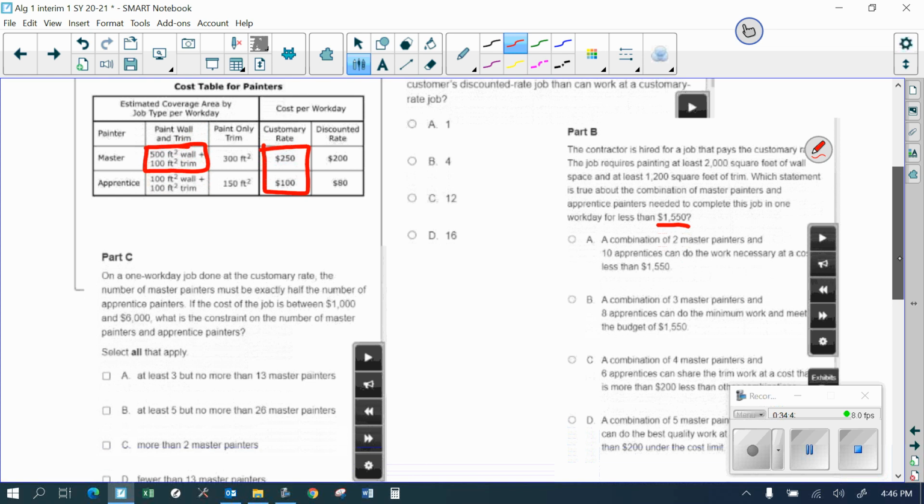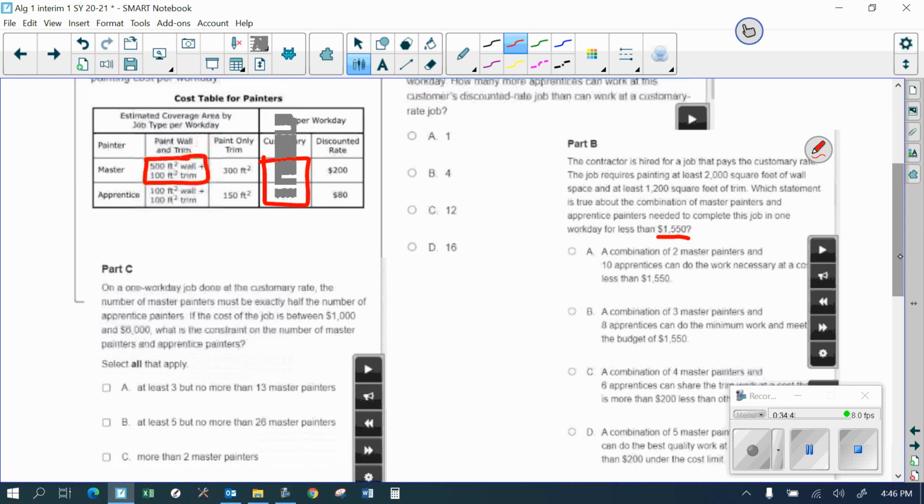Okay, so we look at these combinations and see what it's going to cost. A combination of 2 master painters and 10 apprentices. Okay, 2 master painters. You get 1,000 square feet for the wall and 200 for the trim, and that would be $500.